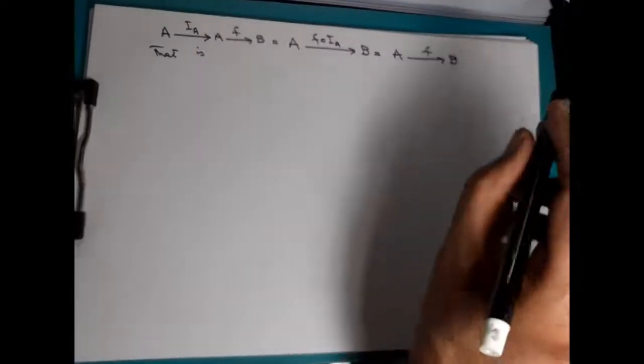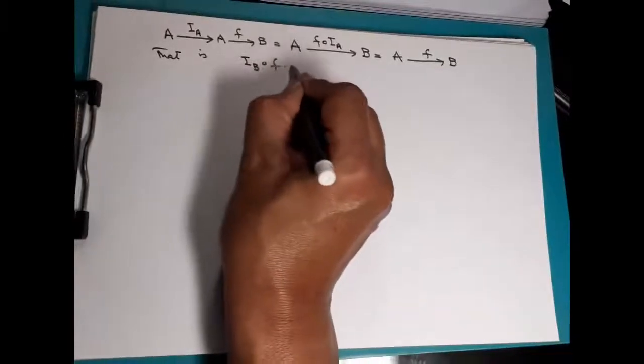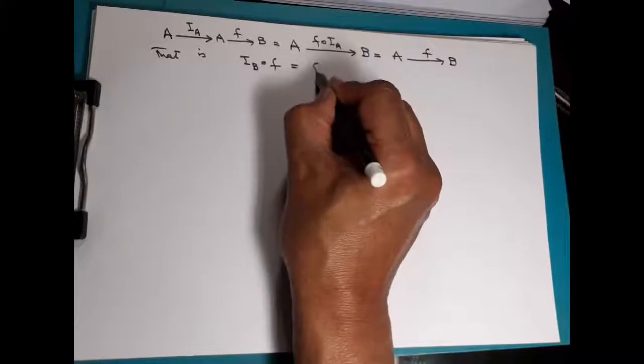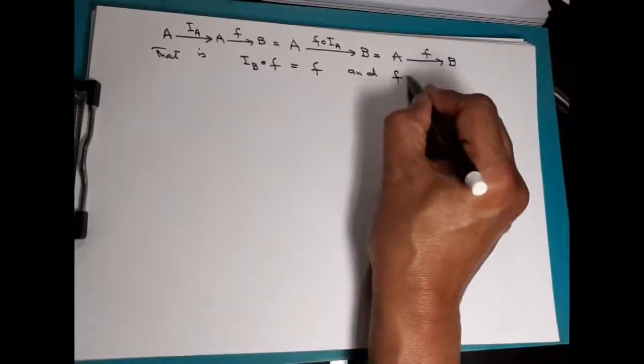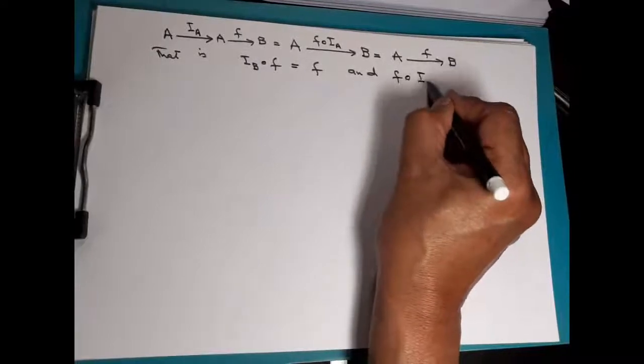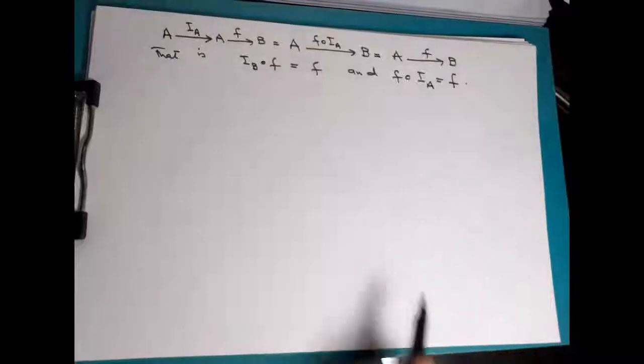So this is what we are saying, that identity function of B composed with function f is equal to f, and f composed with identity function of set A is again equal to f.